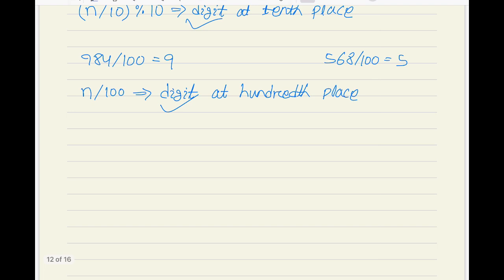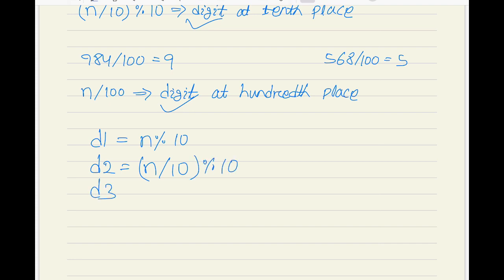For example we can write here, let d1 be the digit that is at the unit place. How to find d1? n modular division 10. Similarly how to find d2? Let d2 be the digit that is at the 10th place. So n division 10, then after that modular division 10.